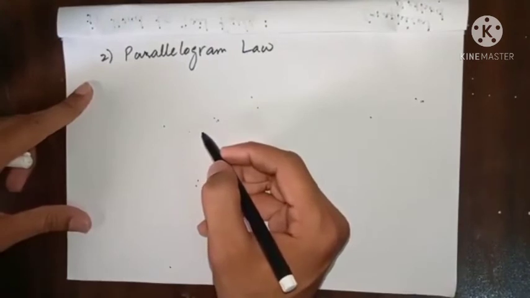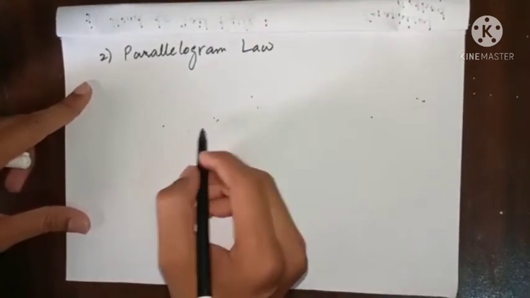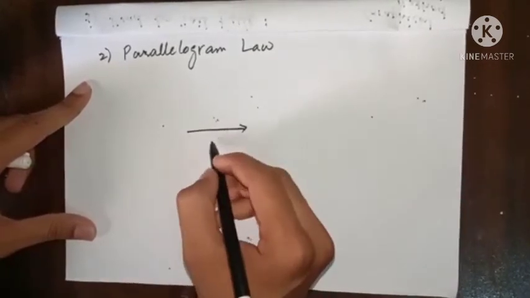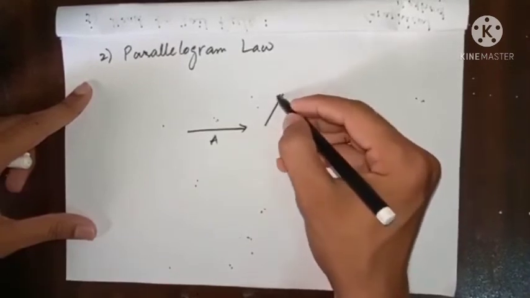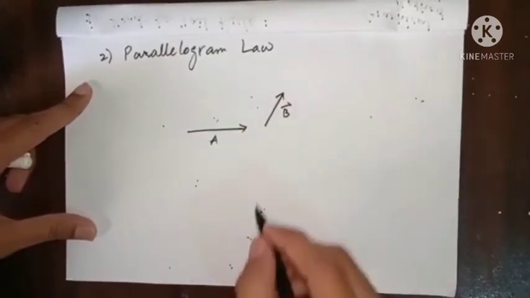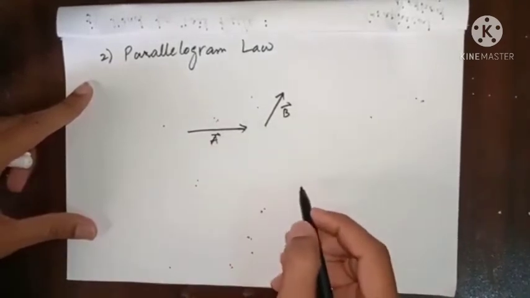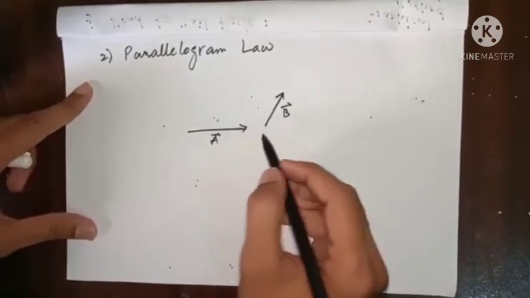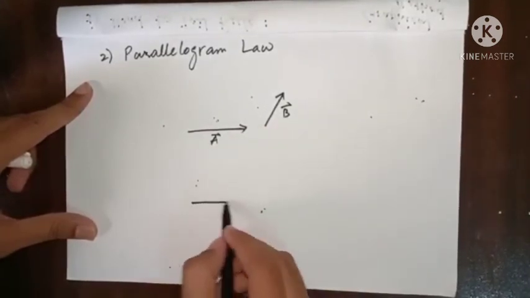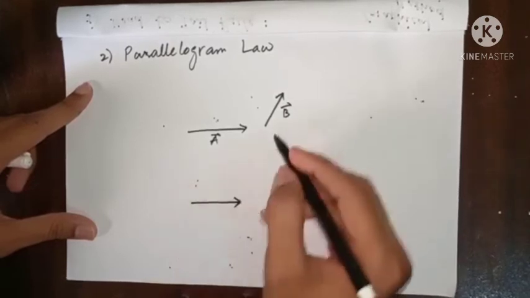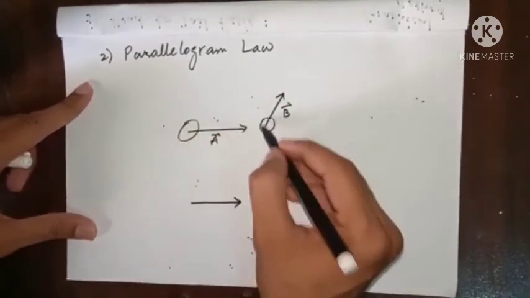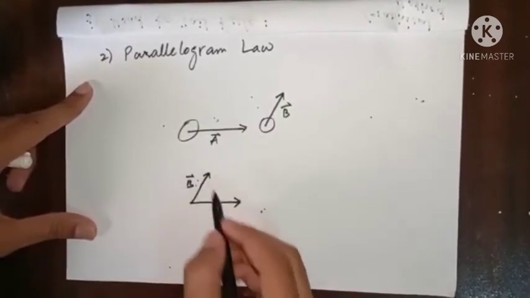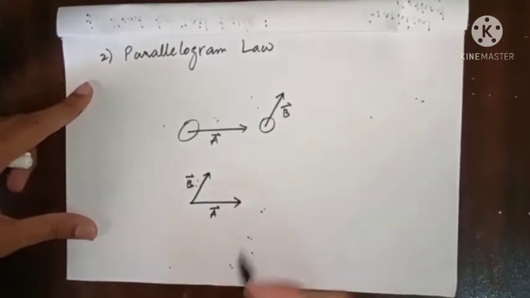This law is also a simple law in which we consider two vectors, as we have considered in the previous example, vector A and B. Now, vectors A and B are joined by their tails, and a shape is formed like this.